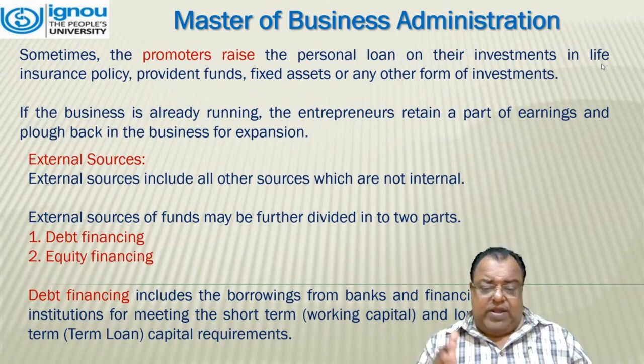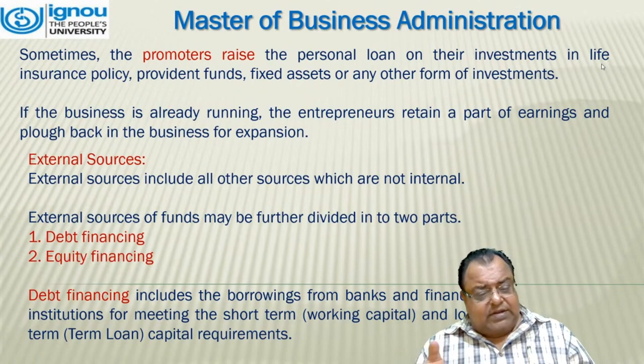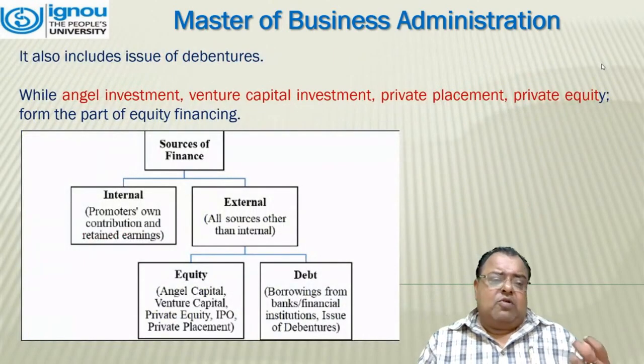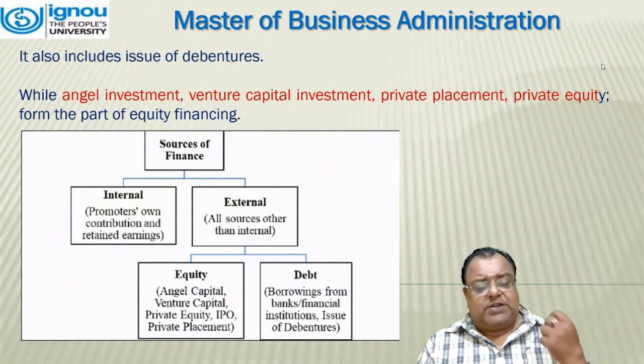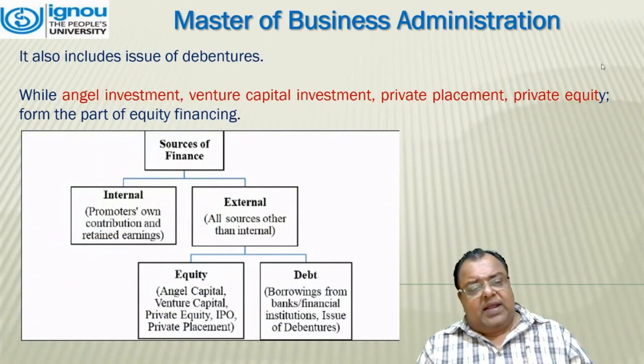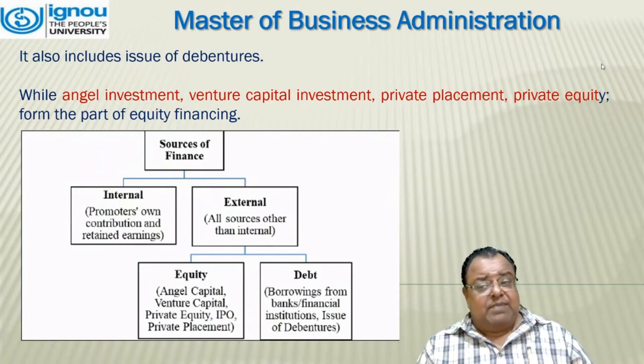This includes the borrowing from banks and financial institutions for meeting the short term, that is working capital, and long term, that is term loan capital requirements. It also includes issues of debenture, while angel investment, venture capital investment, private placement, and private equity form the part of equity financing.